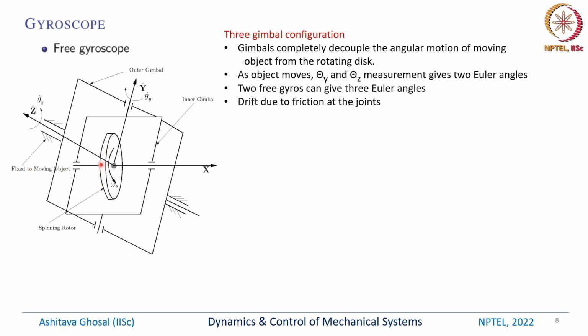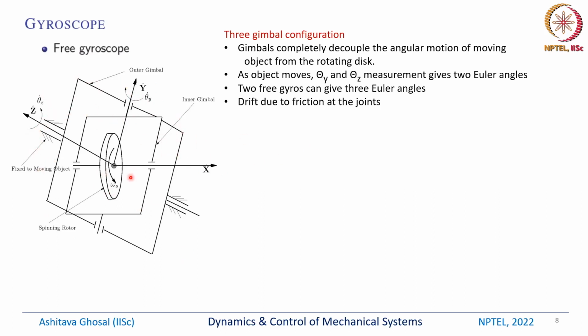This gimbal itself can be mounted on another outer gimbal, and that outer gimbal can also rotate. So we could have some rotation of the disc about the x-axis, this gimbal can rotate about the y-axis by theta y dot, and then this outer gimbal can again rotate about z by theta z dot.